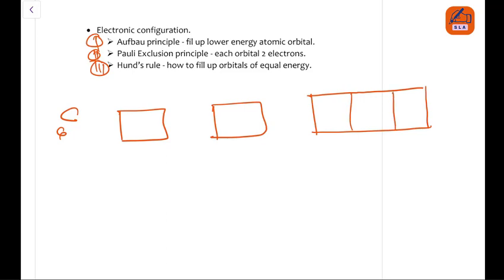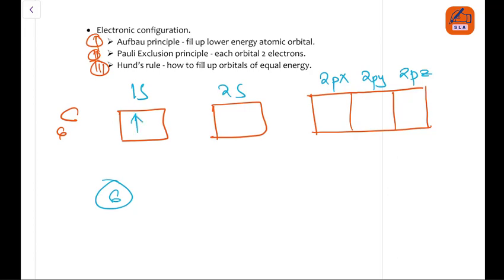This is 1s, this is 2s, this is 2px, this is 2py, this is 2pz, and we have 6 electrons. The first one, the Aufbau principle, tells us to fill up the lower energy atomic orbital first. The lowest one here is 1s, so I will take electrons and fill in 1s.